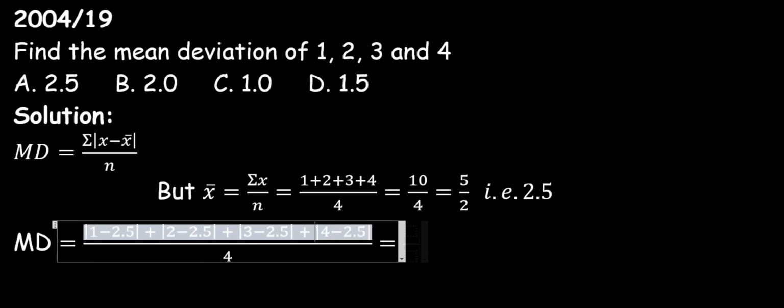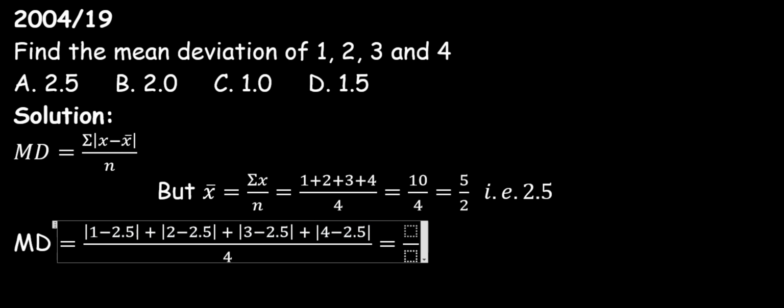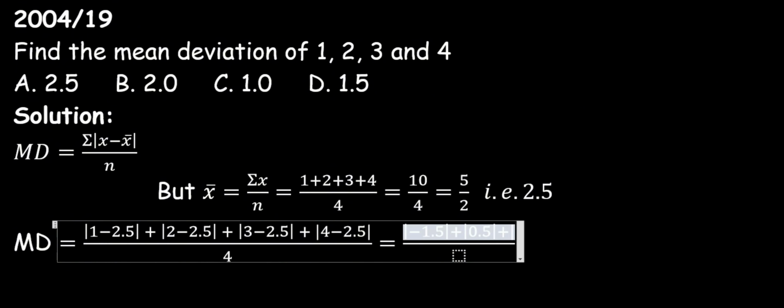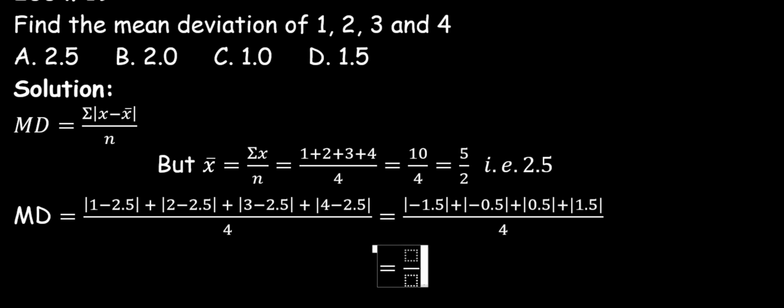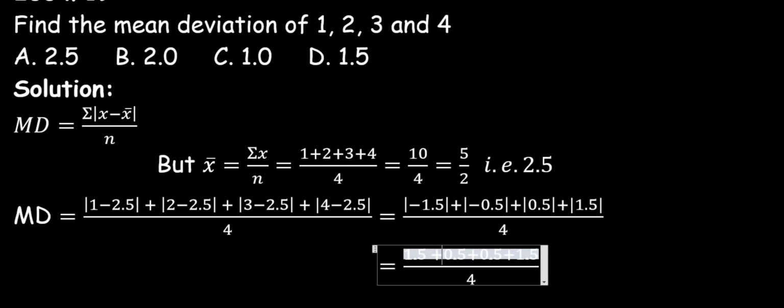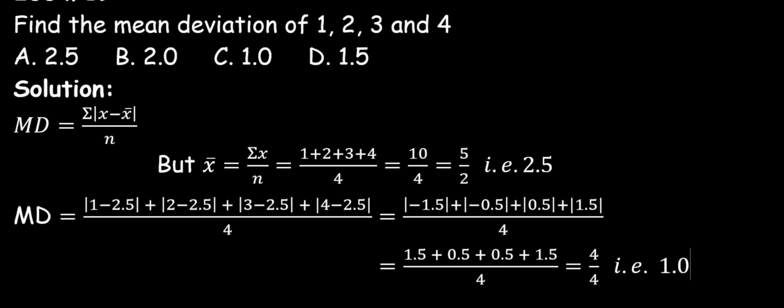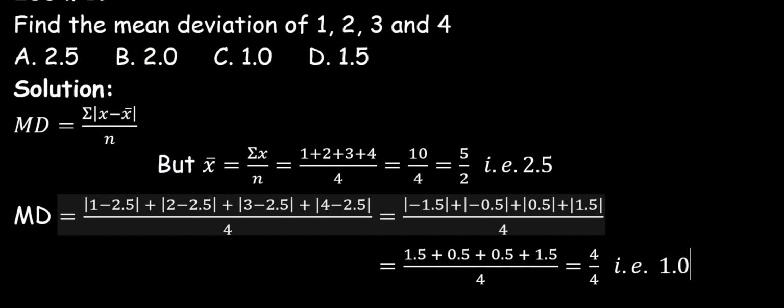This equals the absolute value of minus 1.5, plus the absolute value of minus 0.5, plus the absolute value of 0.5, plus the absolute value of 1.5, all over 4, which equals 1.5 plus 0.5 plus 0.5 plus 1.5 divided by 4, which is 4 over 4. That is 1.0.